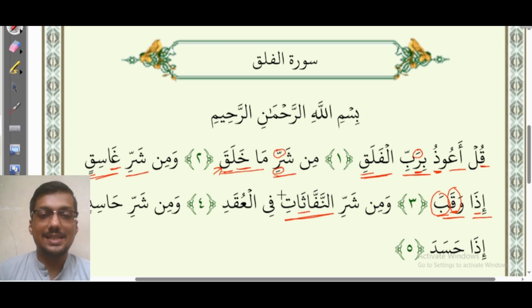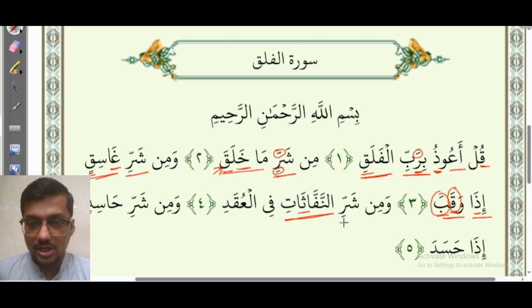Tha is a light letter and has a similar sound to the letter Sin. So we have to make sure that we are not reading this letter with a sharp voice. It's a light letter. Thati. Naffathati. Sharrin we have already covered in the previous ayats.